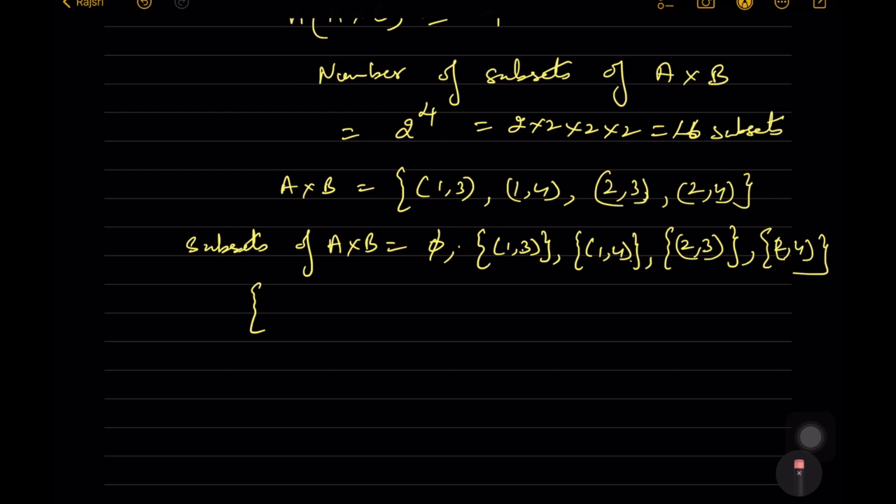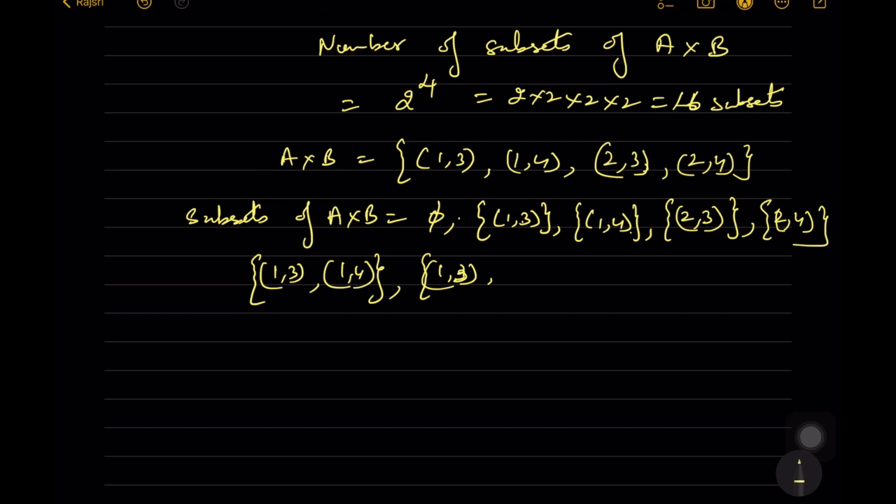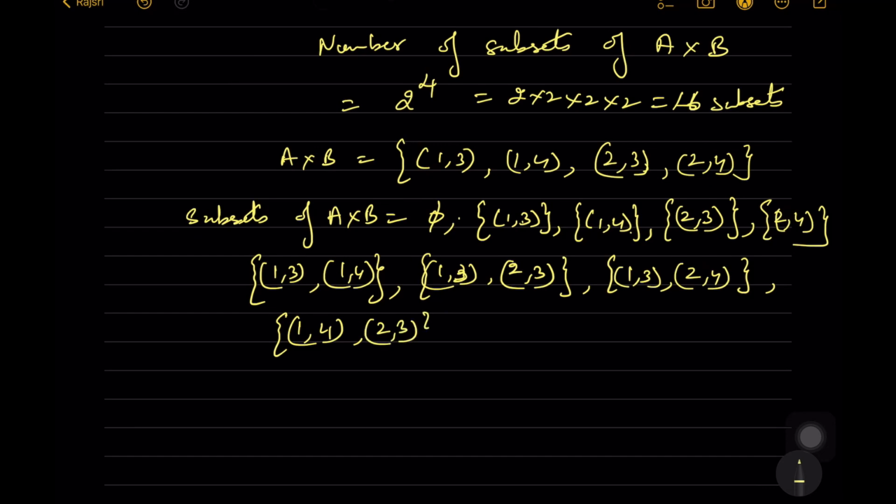Next, taking two together: {(1,3), (1,4)}, this is one set, then {(1,3), (2,3)}, then {(1,3), (2,4)}, then {(1,4), (2,3)}, then {(1,4), (2,4)}, then {(2,3), (2,4)}. Till here we had 2 elements.